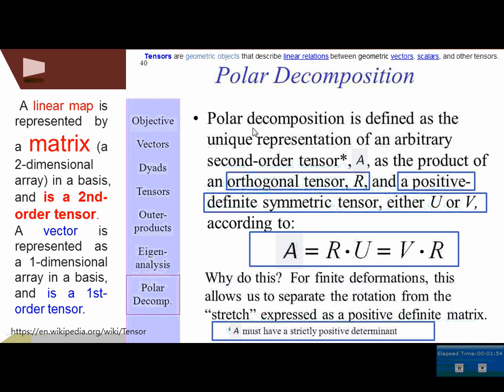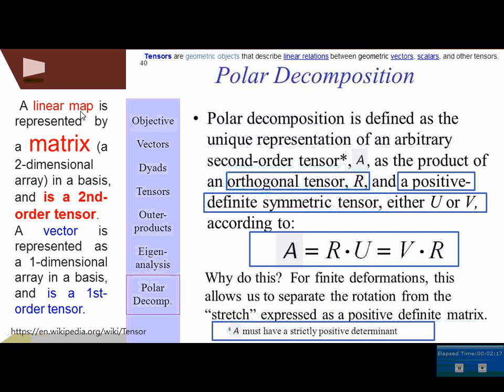Okay, polar decomposition. First, sometimes the terminology tensor is used here, so I will introduce the definition of tensor. Tensors are geometric objects that describe linear relations between geometric vectors, scalars, and other tensors.